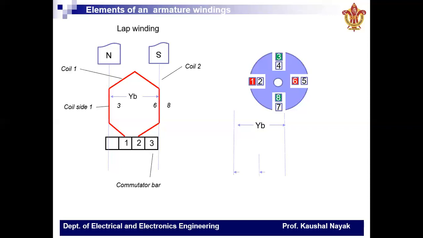Here in this example, coil side 1 and 6 form the top and bottom coil sides of coil number 1. And the back pitch is the difference between 6 and 1, that is 6 minus 1 equal to 5. So the back pitch of coil 1 is equal to 5.